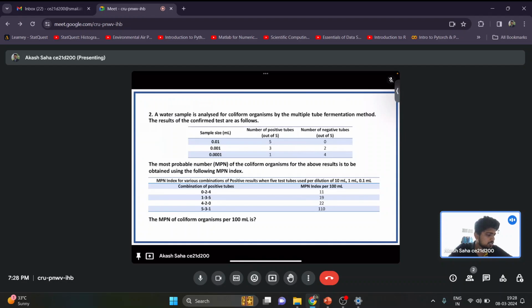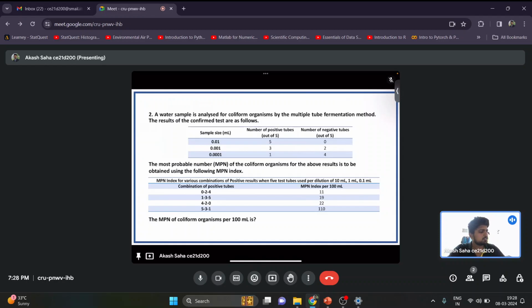So there is an order difference of 1000, because instead of 10 ml, we have taken 0.01 as my first sample. If we divide 10 by 0.01, we get 1000. So we simply multiply this order difference with our MPN. For the 531 combination, the MPN index is 110, and with the order difference of 1000, we multiply 110 with 1000.